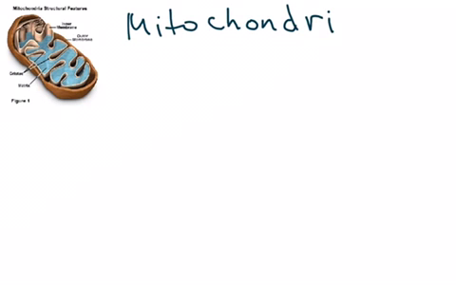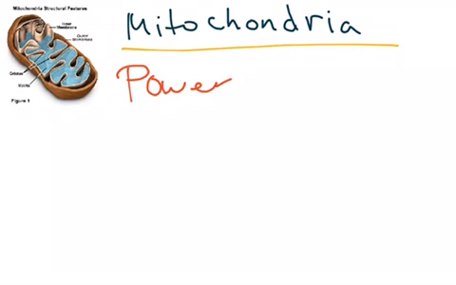Next, we're going to talk about the mitochondria. If you remember how I told you before to remember what the mitochondria does, the mitochondria is described as the powerhouse of the cell.